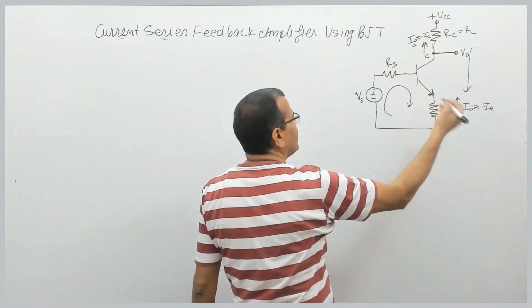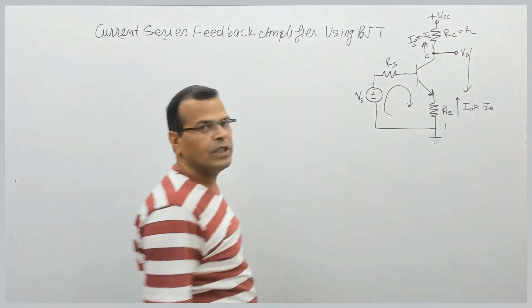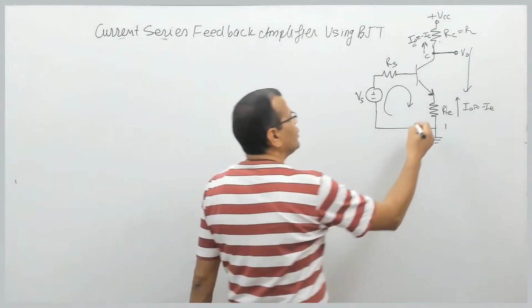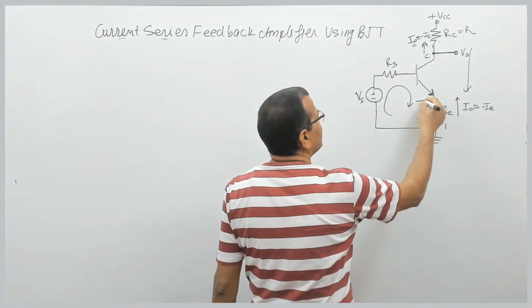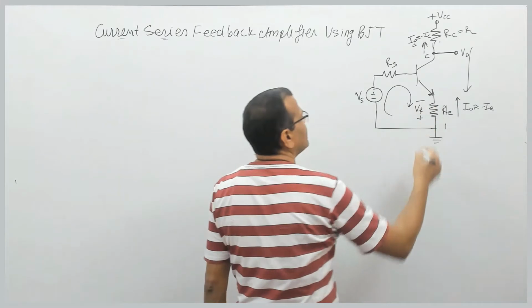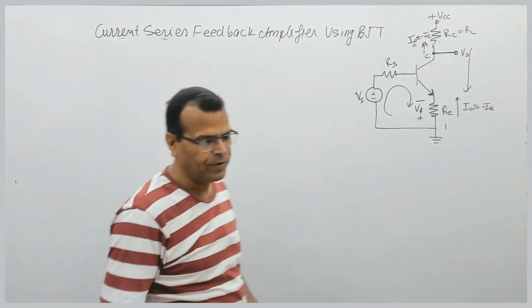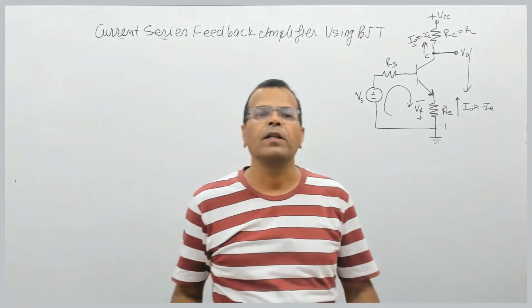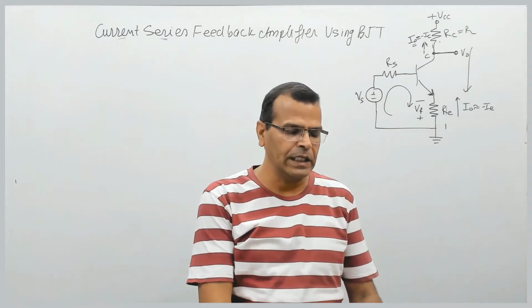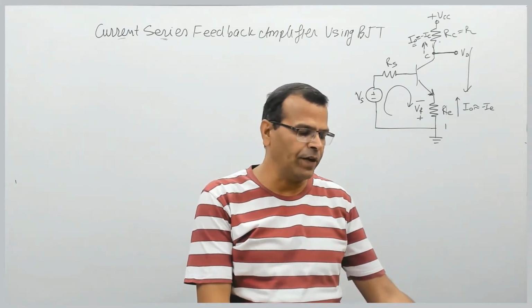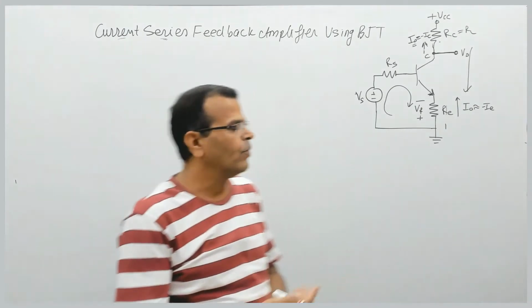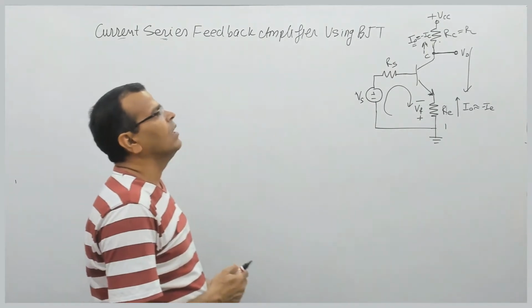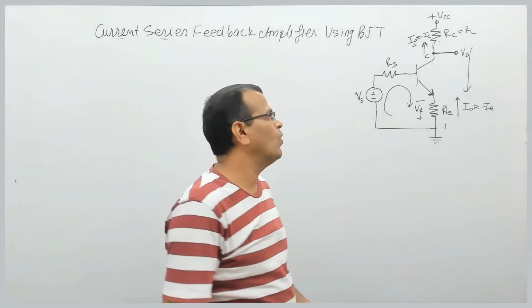So the voltage here, you see it carefully, the voltage due to output current is this voltage, and that is the feedback voltage, right? So that will be the feedback voltage in this circuit, and that will be definitely equal to what? You can see that the feedback voltage here.